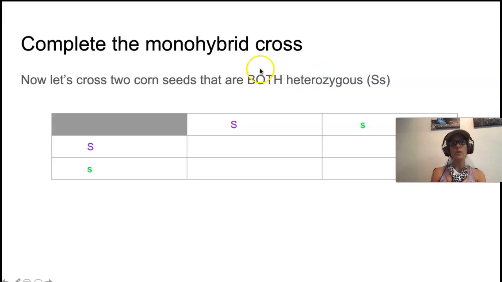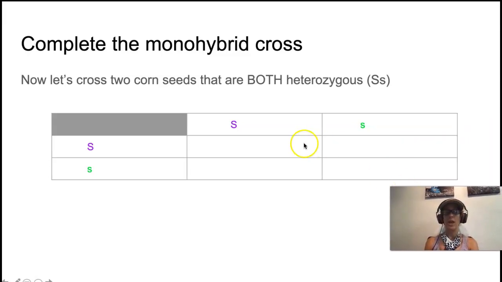Now, if we cross in a monohybrid, following 1 characteristic, but this time, instead of true breeding, we have 2 heterozygous parents. So that's saying if we took the seeds from that first mating and then pollinated them, or just 2 unrelated seeds that happen to have this heterozygous genotype.